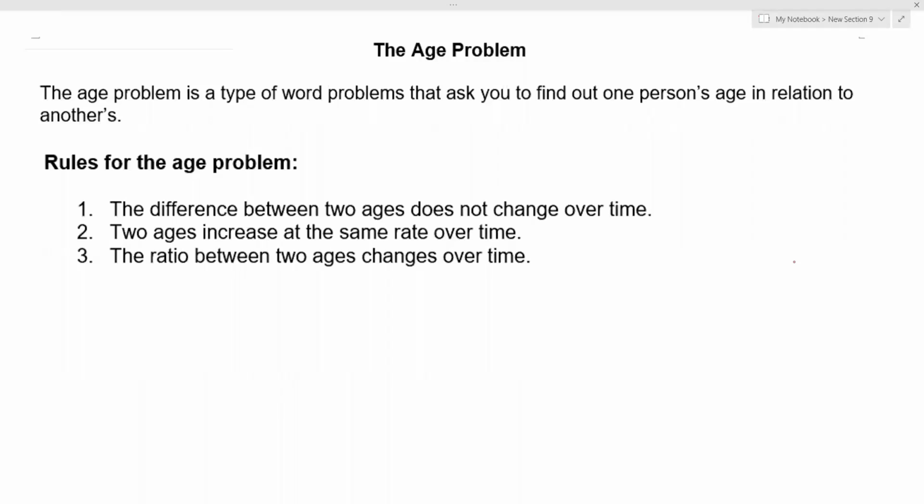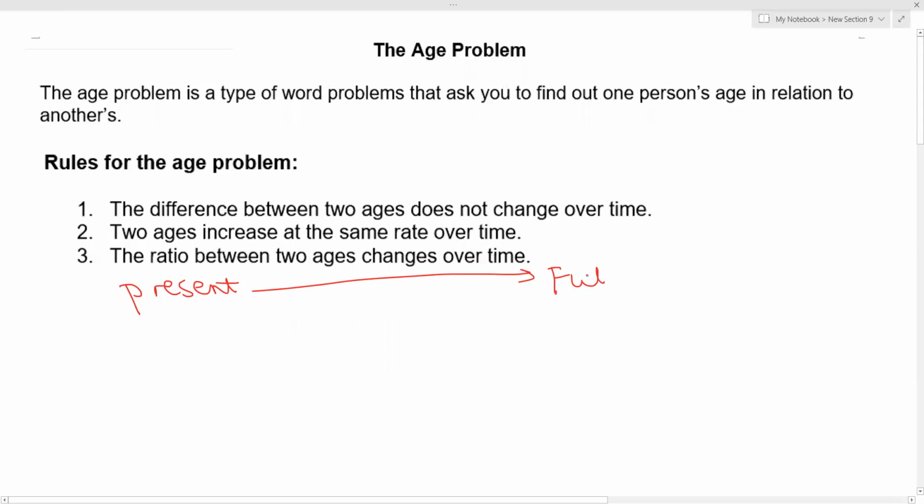Now, the third one is a little bit tricky. The ratio between two ages changes over time. And we are going to give you a simple example for this one. So I am going to have a timeline. The timeline goes like this. This is present, and this is future.